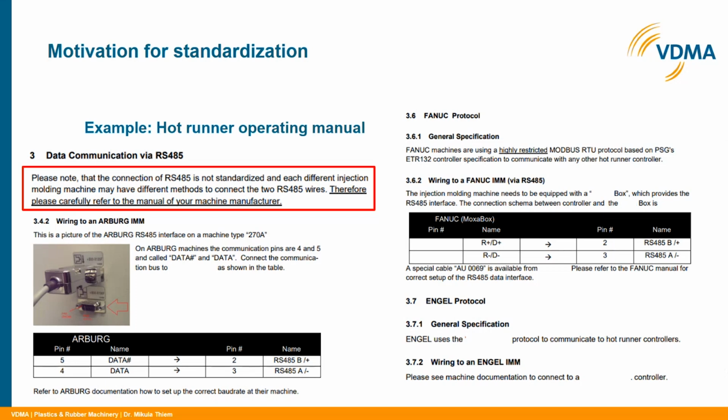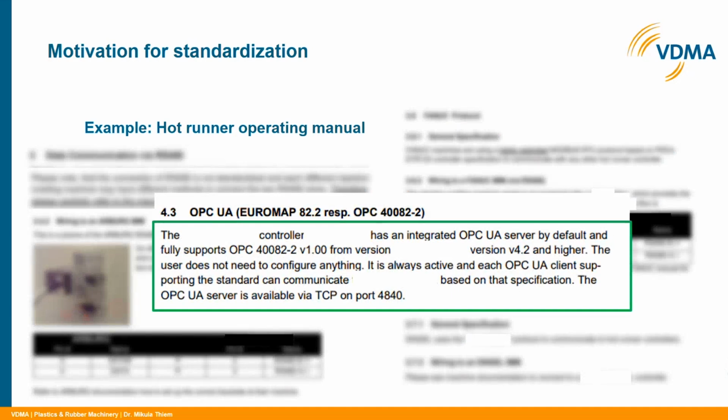And there is written, this controller has an integrated OPC UA server and fully supports OPC 40,082 part 2. And the next sentence, the user does not need to configure anything. And this, in my opinion, shows the benefits for the end user of OPC UA. This is the best advertisement for OPC UA you could get.